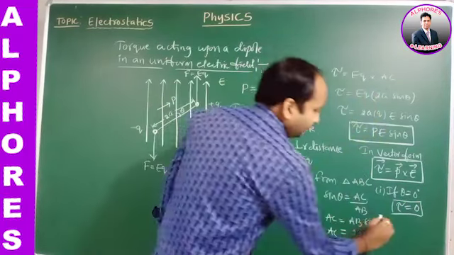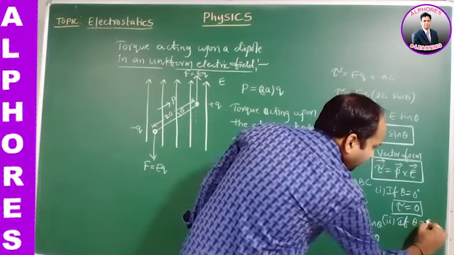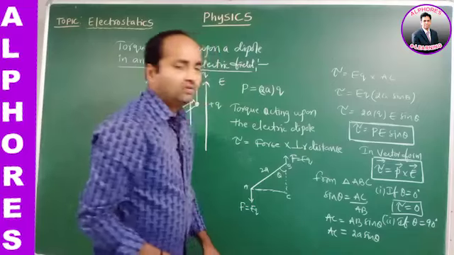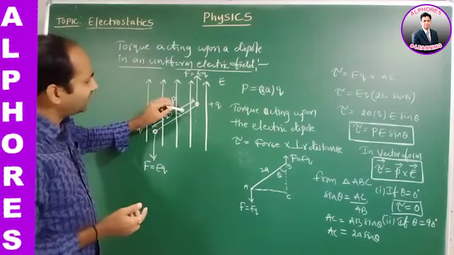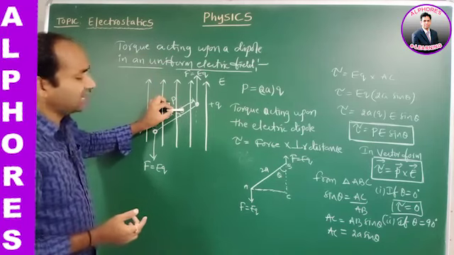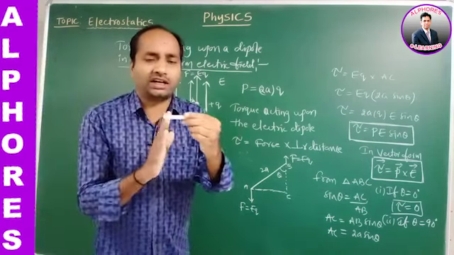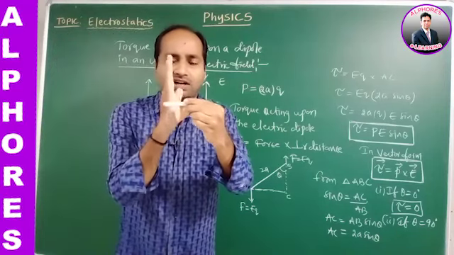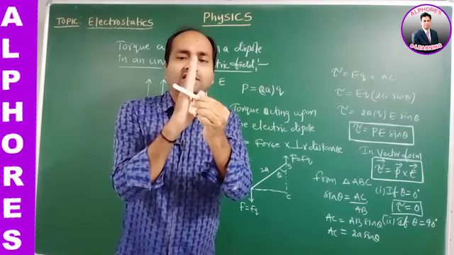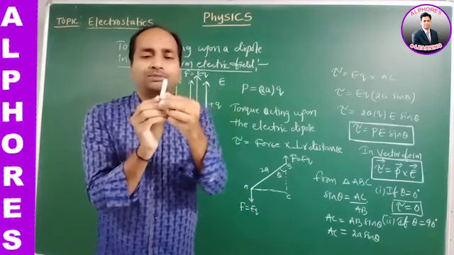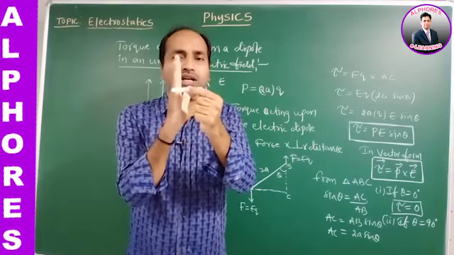Okay, if theta is equal to 90 degrees. What does theta 90 mean? Here the electric field is vertically upwards, but the dipole is placed normal to the electric field. First case, it makes a certain angle; second case, the dipole is parallel; now the dipole is perpendicular to the electric field.